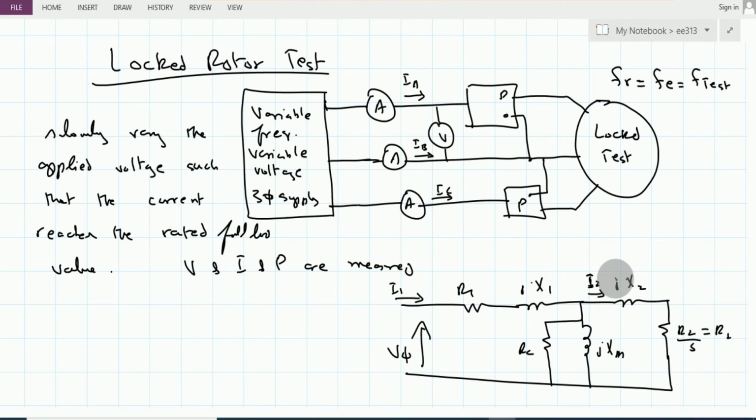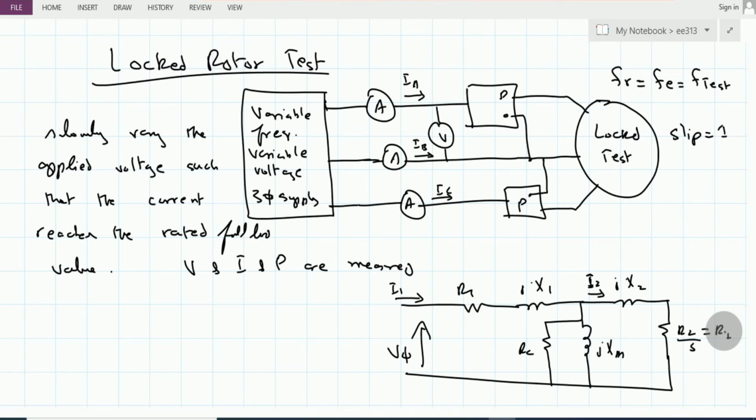Now, if you notice this particular circuit, the rotor is not moving, and therefore for this test the slip is equal to 1. With the value of slip equal to 1, the rotor resistance is just the value of R2, and R2 is a very small value because it corresponds to the shorted bar resistances which are available inside a rotor circuit.